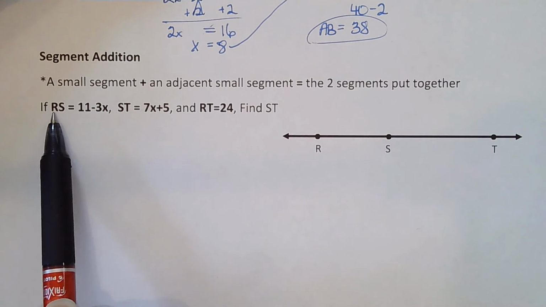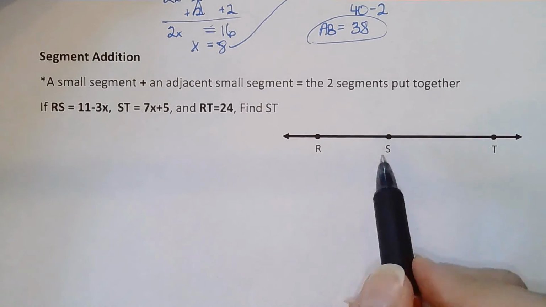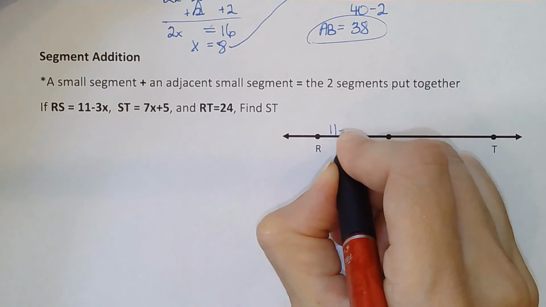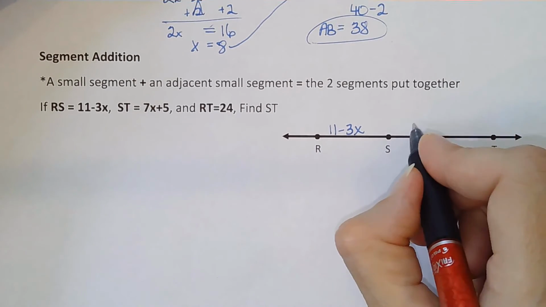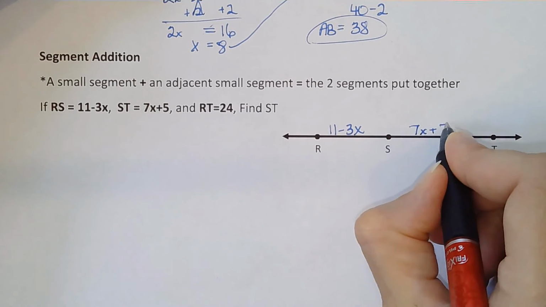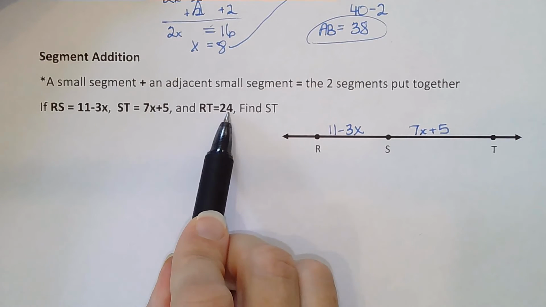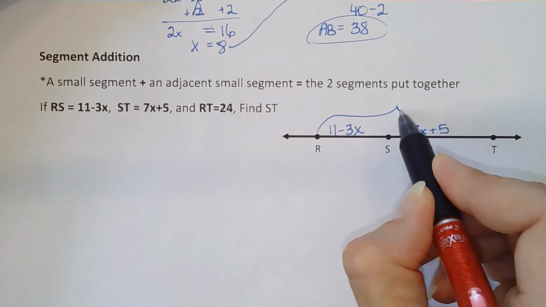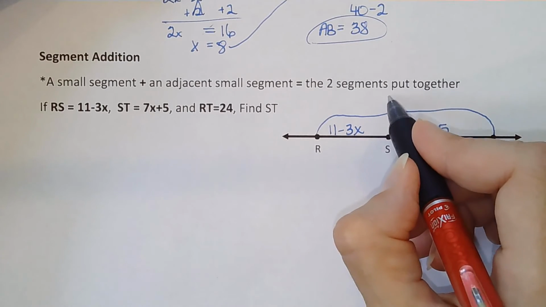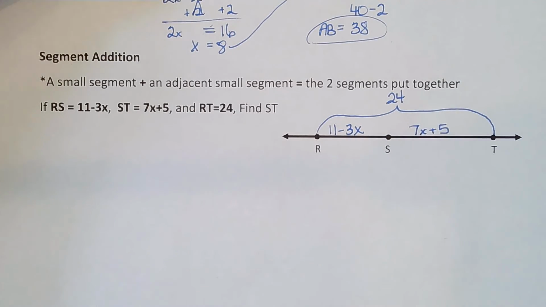And over here, we're given those different parts, right? We're given that RS is 11 minus 3x, and we're given that ST is 7x plus 5, and that RT is 24. So this whole distance from here all the way to here is 24.